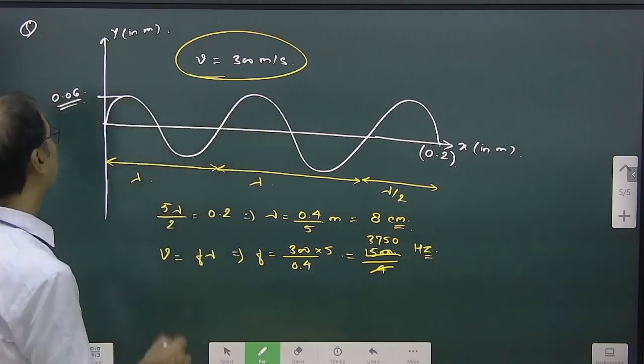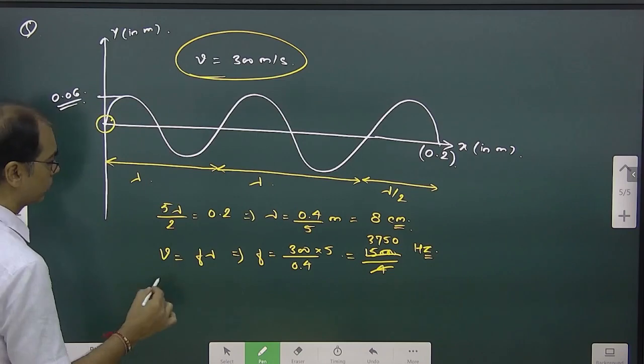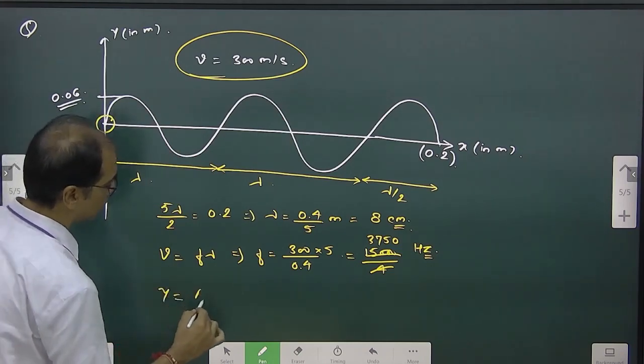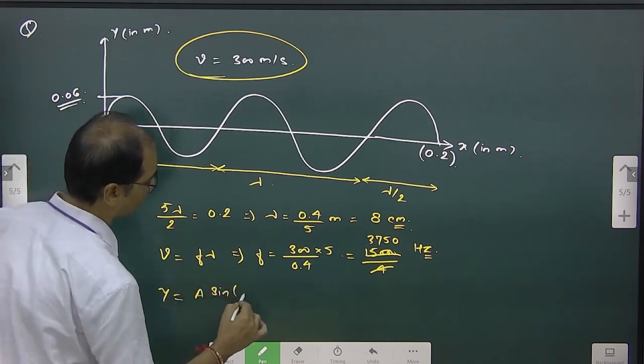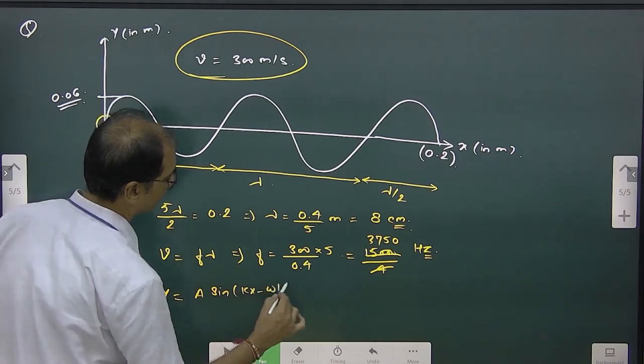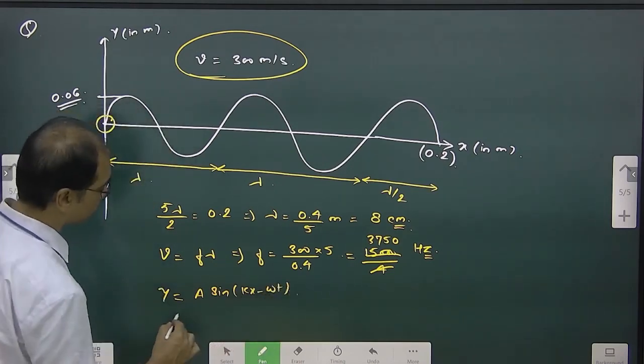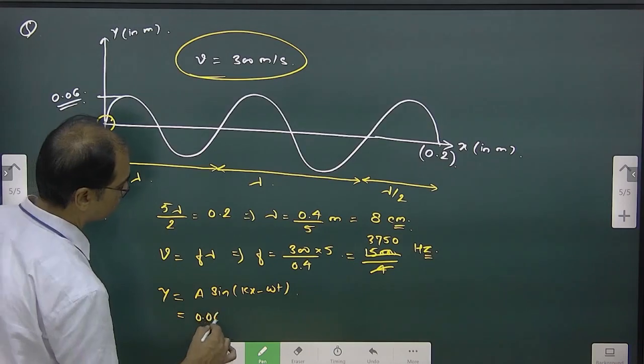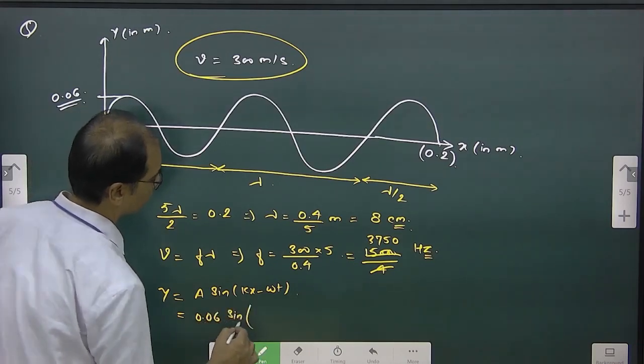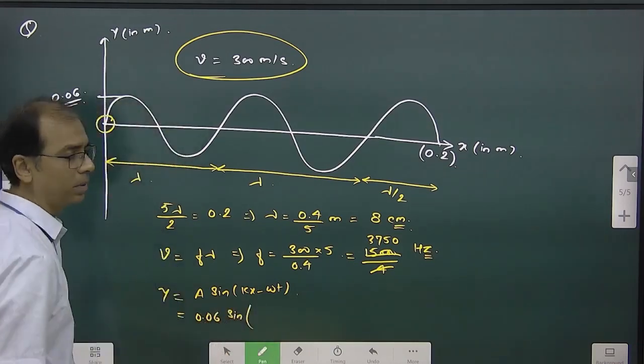Now nothing else is there in it. At t equal to 0, it's starting from mean position only, so there is no problem for us. So y = A sin(kx minus omega t). Let's put the values. This is 0.06 meter sine, k value. K value is 2 pi by lambda.